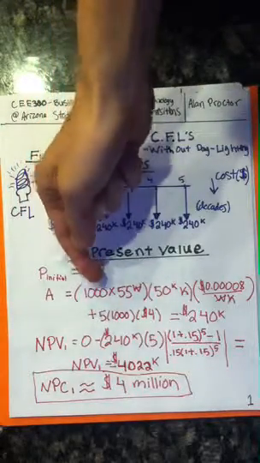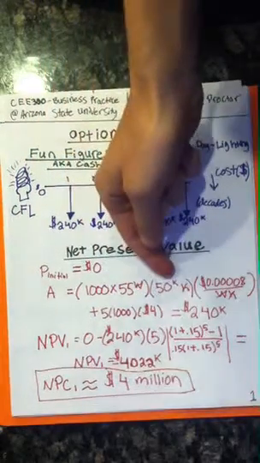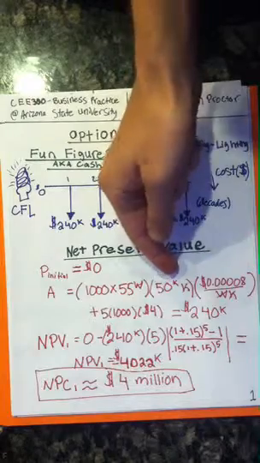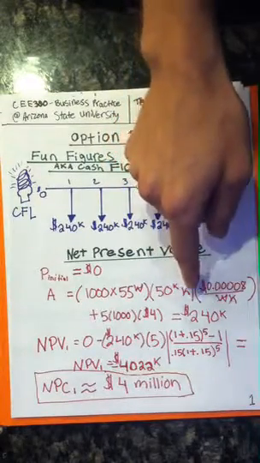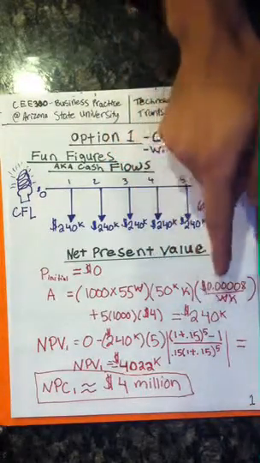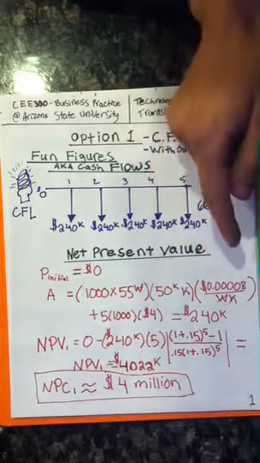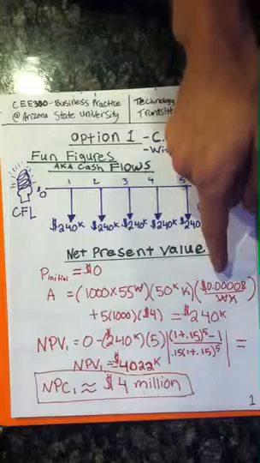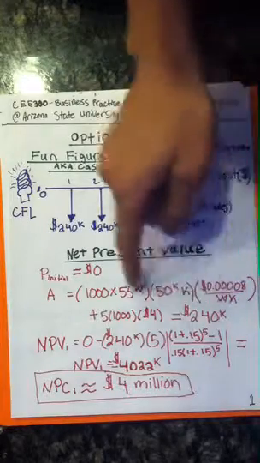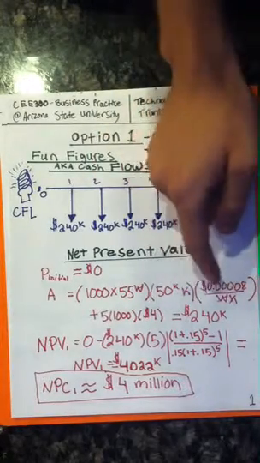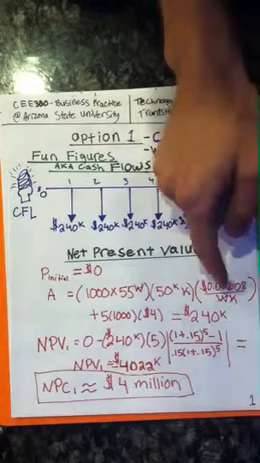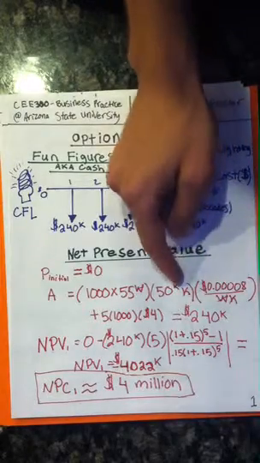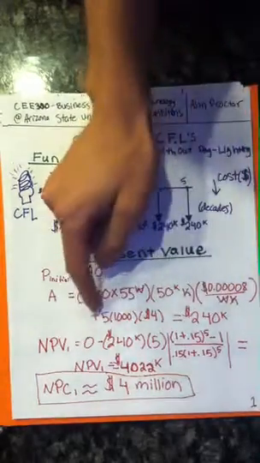Here is 1,000 light bulbs times 55 watts times 50,000 hours, times the dollar per watt hour, which was converted. This is actually 8 cents per kilowatt hour, but to cancel, as you see here, nice and simply, it was already divided by 1,000, and just 1K was kept to be carried through.